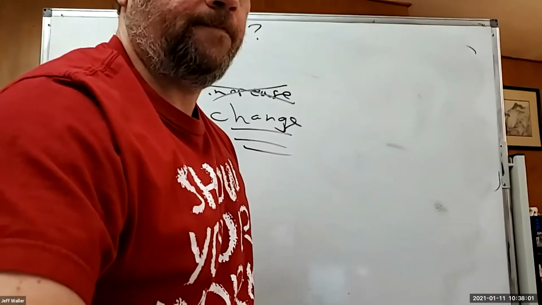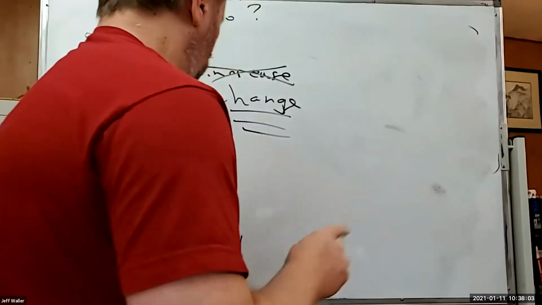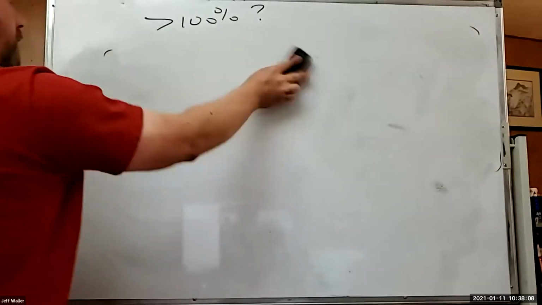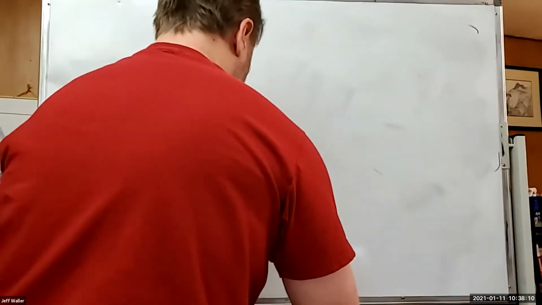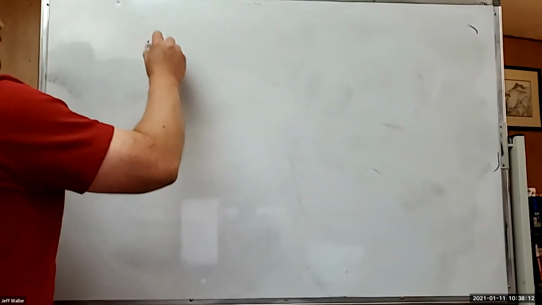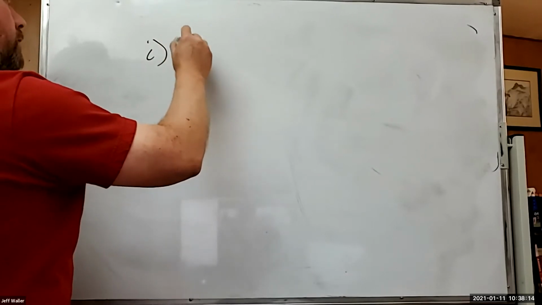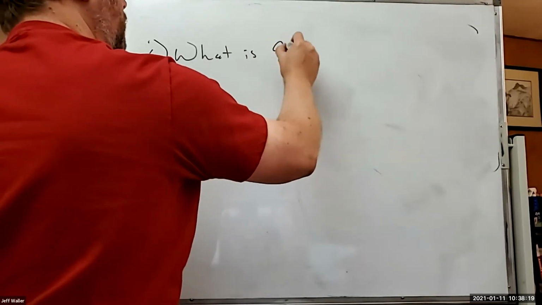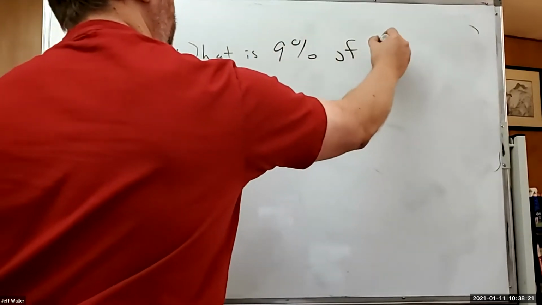So let's do two more examples. Based on what we just did right before the break, how would you do this? What is 9% of 500?